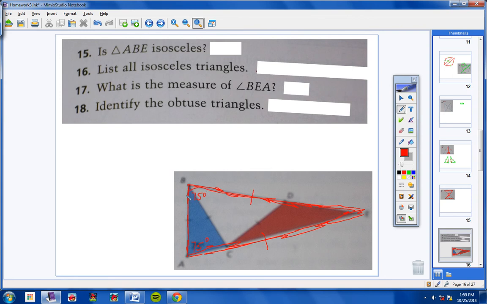Okay, but I do not know this angle here is 75 degrees. So I cannot state that these two sides are congruent. So if that's the case, I do not know for sure that this triangle is isosceles, because I do not know for sure that this side here is congruent to this side over here. Okay, so moving on, the answer would be no, I do not know for sure that it is.